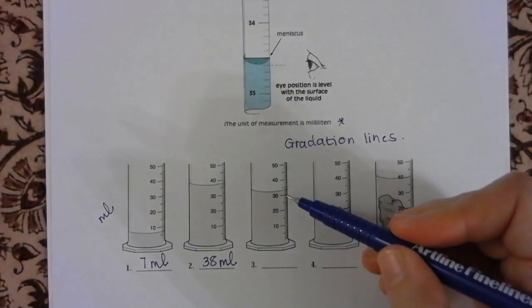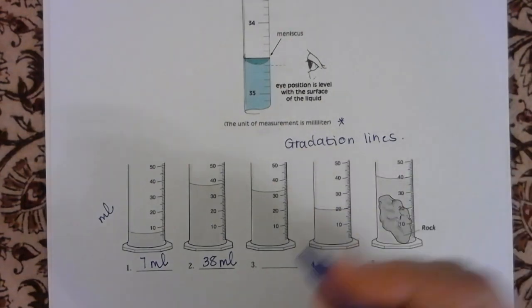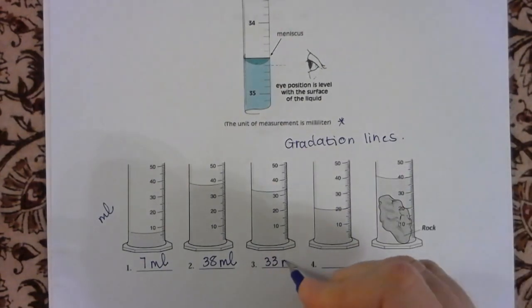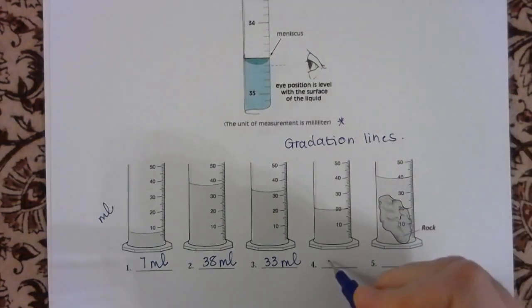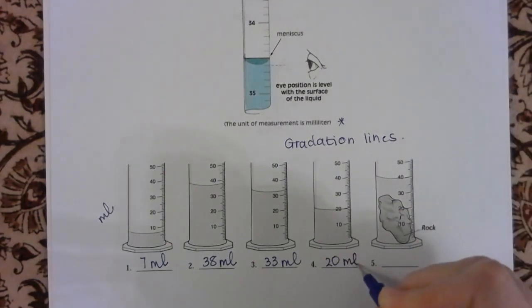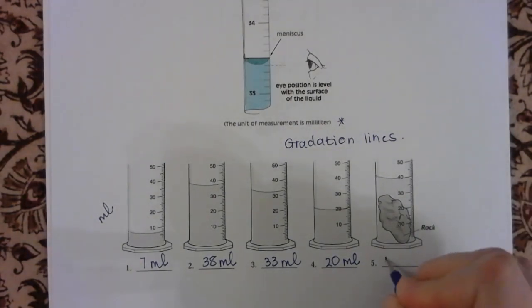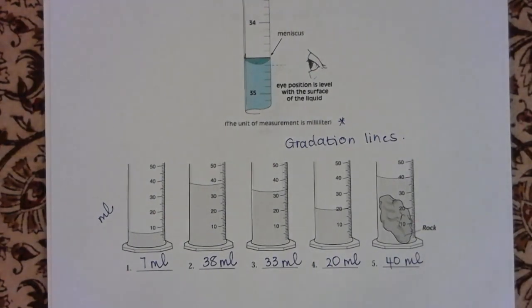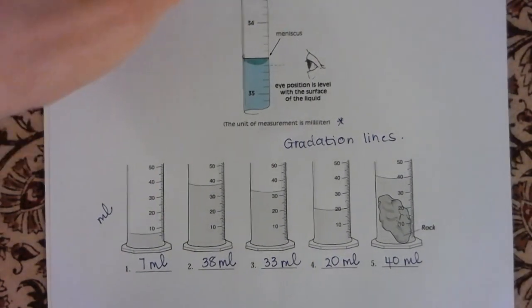This one goes up to 30, 31, 2, and 3, so this is 33 milliliters. This one is exactly 20 milliliters. And this one, they placed the rock inside the liquid, so the volume went up, and then you've got 40 milliliters.